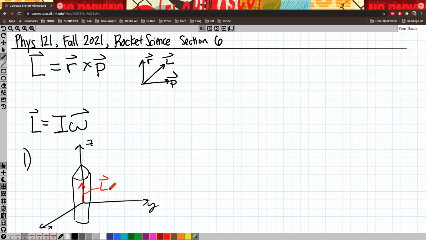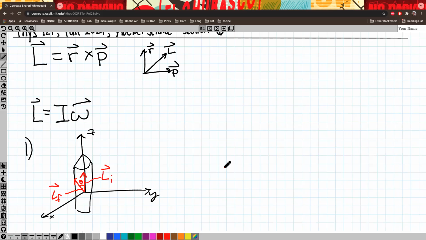Well, if the angle approaches zero, then L would just be in the positive z direction, right?